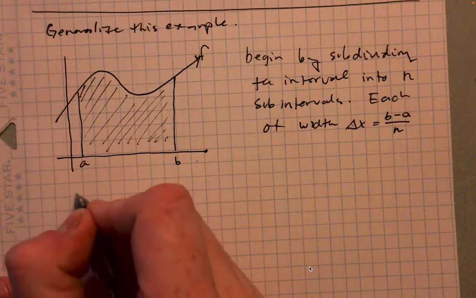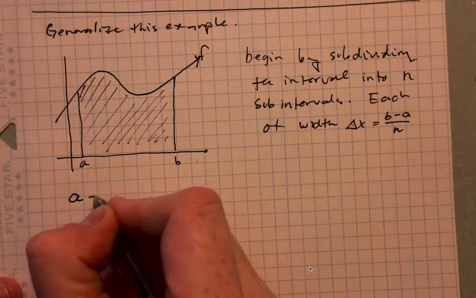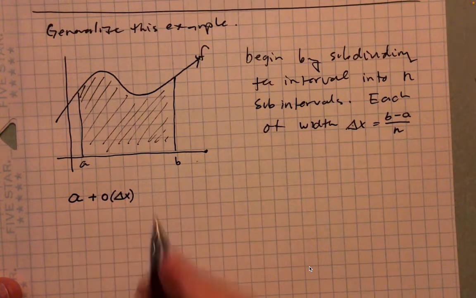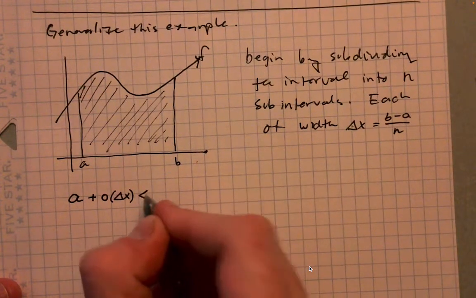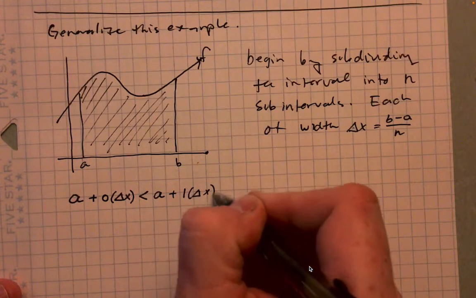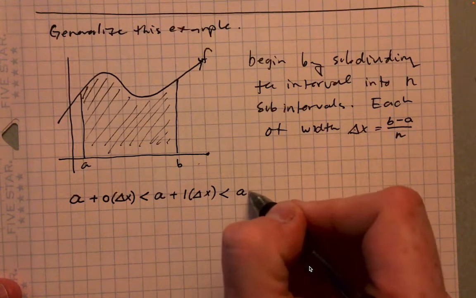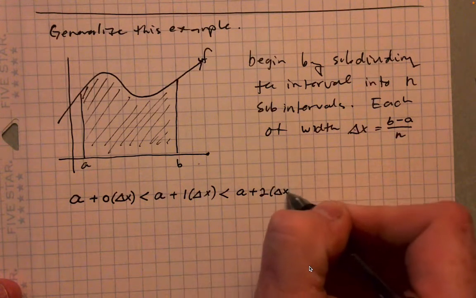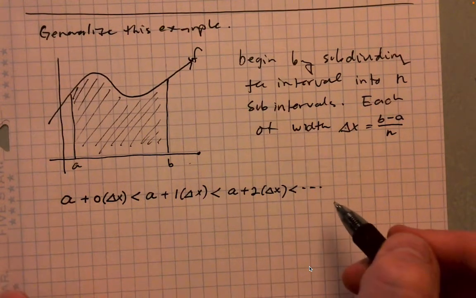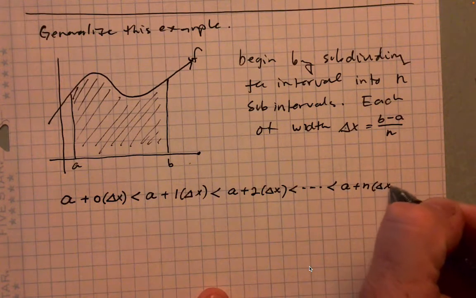You can think of it like this. On one side you've got a, and technically you're going to have a plus 0 times delta x, whatever that width is times 0. That's going to be less than a plus 1 times delta x, which is less than a plus 2 times delta x, and so on and so forth, less than a plus n times delta x.